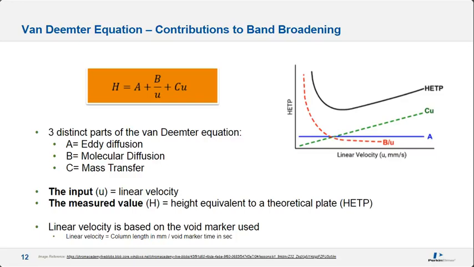The input, in order to plot the results of the Van Deemter equation, involved varying the linear column velocity, and then measuring the H, or the height equivalent to a theoretical plate, in other words, the peak sharpness. The linear velocity is based on the use of a void marker.